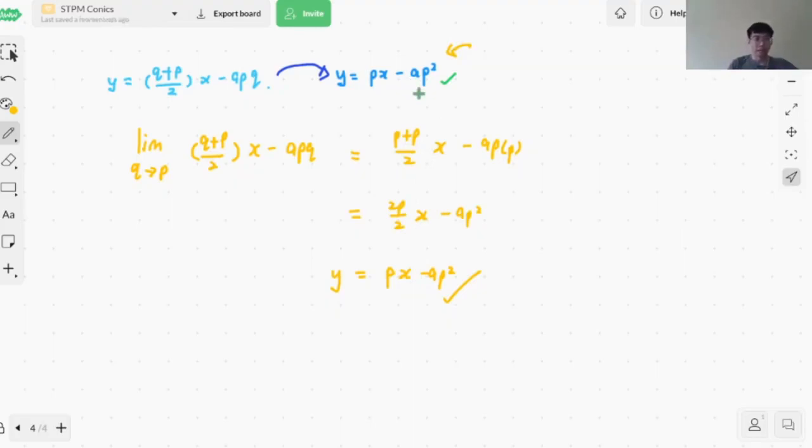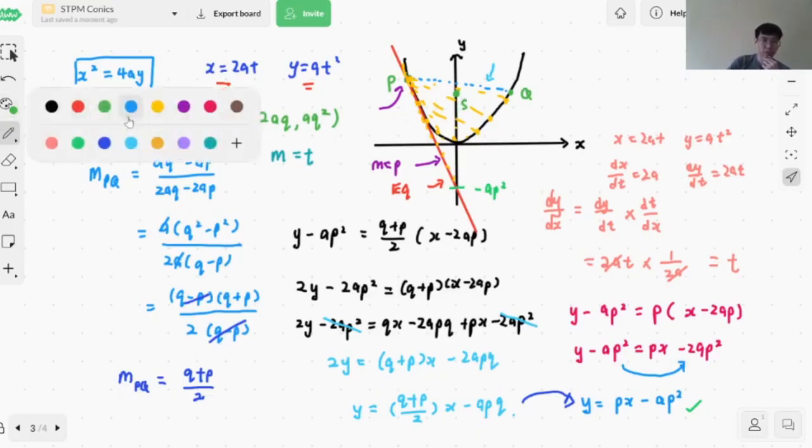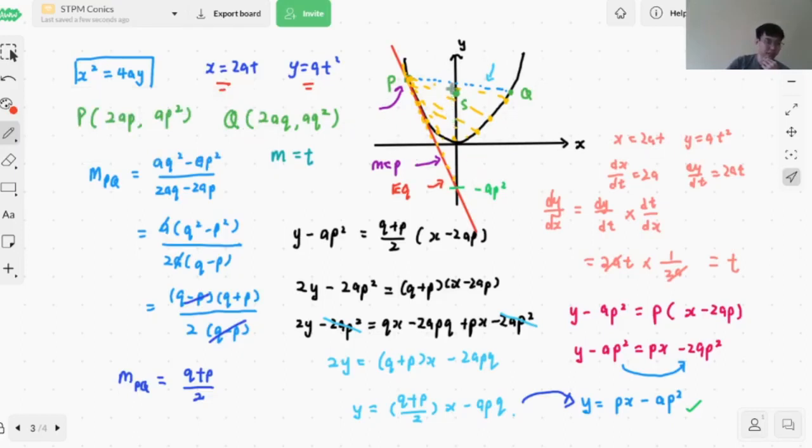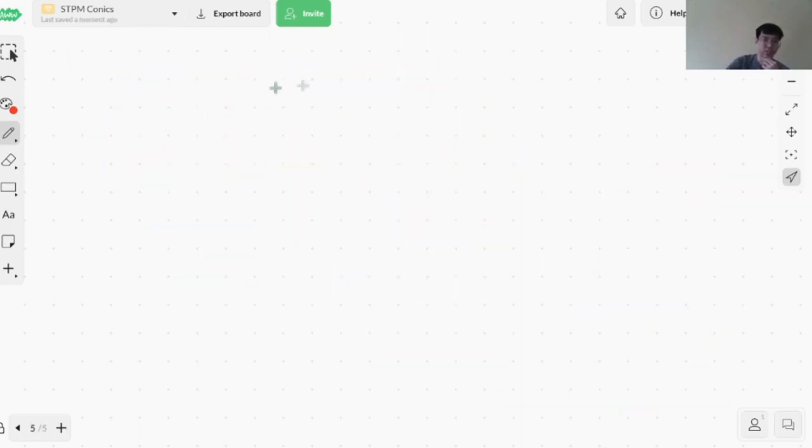Alright? Without further ado, I am going to talk about one more thing that would be in your exam also, the focal chord. Alright, so let me use another example. This is the graph here. A focal chord says that the chord will go through the S point, the focus.